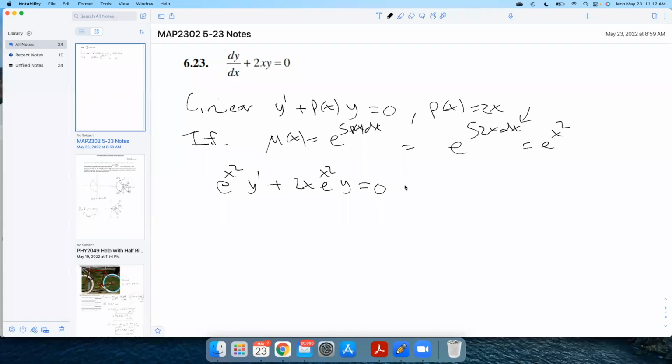Zero, I'm going to write it here, but 0 times anything is 0. Then if you've done your math right, the left-hand side should be the product rule derivative of your integrating factor times y.